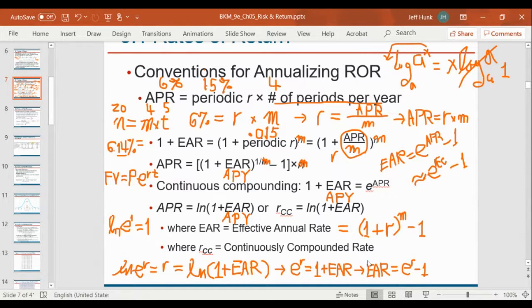But we should at least be familiarized with the exponential function, the natural log, and continuous compounding.